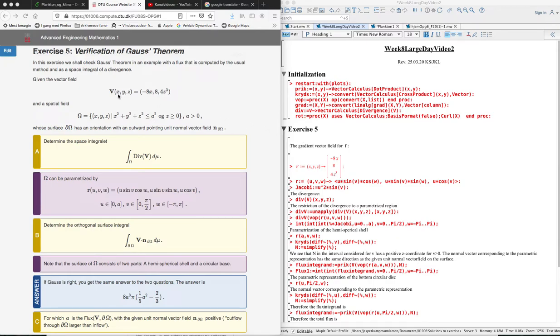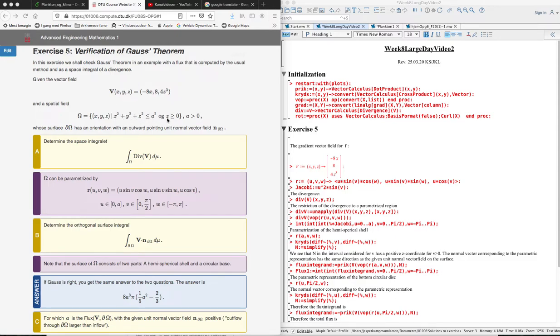You're given a vector field and a spatial field. As you can see, it's part of a sphere.